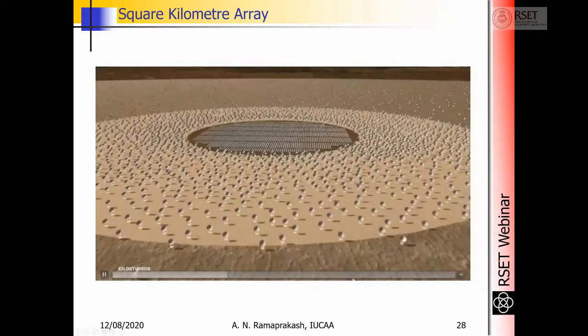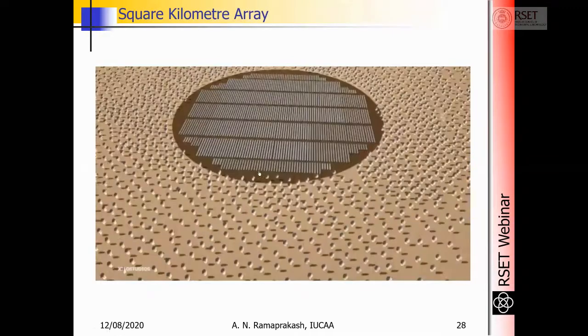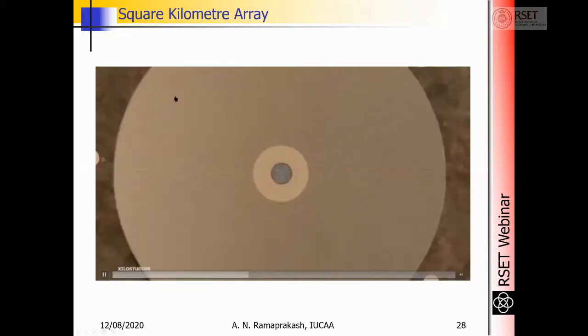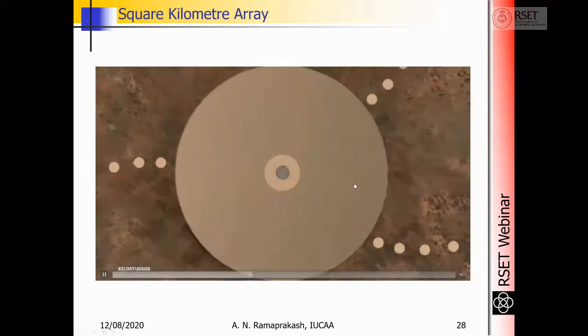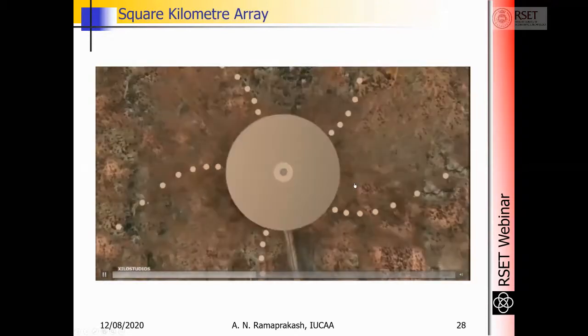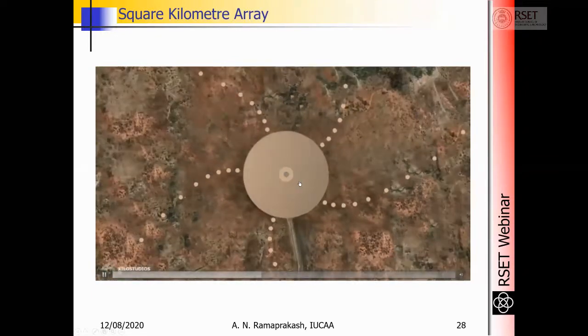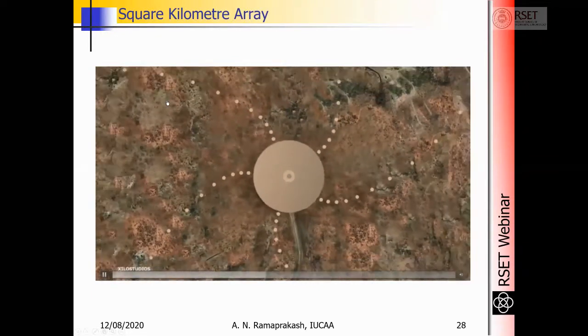And radio antennae need not look like dishes all the time. They can look very differently also. But this is just one patch. And that patch is in the middle of another patch, which has many more antennae. And then there are arms which are radiating out from the central patch in different directions.